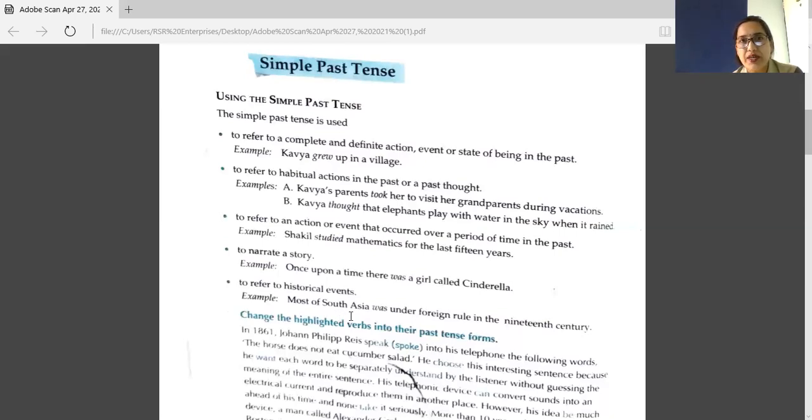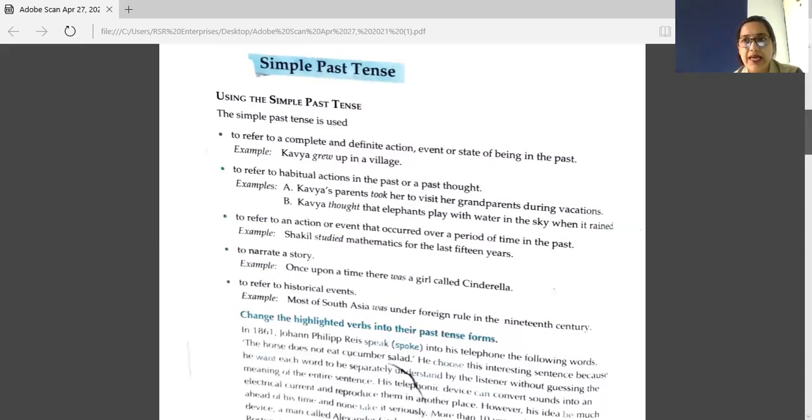So this is a historical event, something which happened in the past. And here we are using was as a verb. And this shows the sentence is in simple past tense. Okay. Hope you have understood these points where you have to use simple past tense.